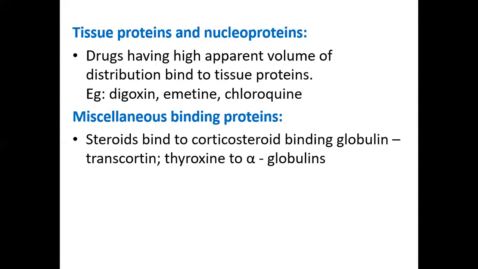Tissue proteins and nucleoproteins. Drugs having a high apparent volume of distribution bind to tissue proteins, for example digoxin, emetine, chloroquine.